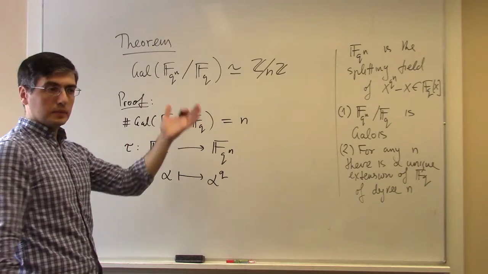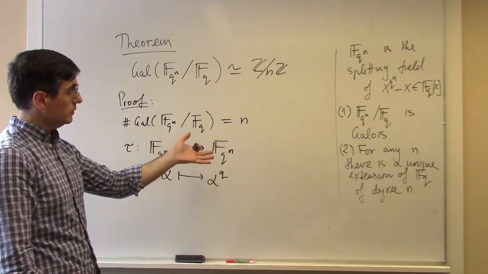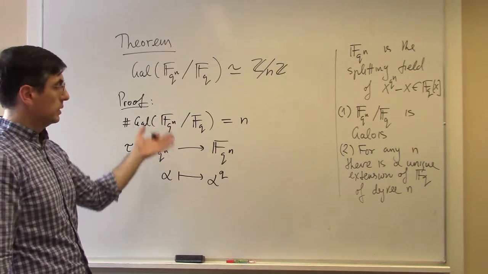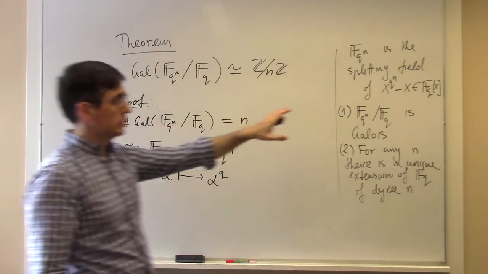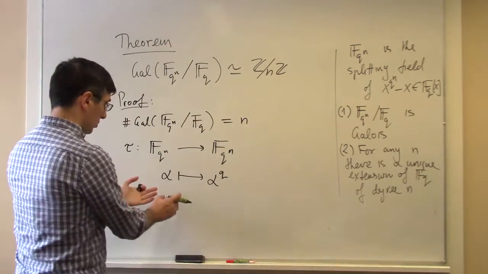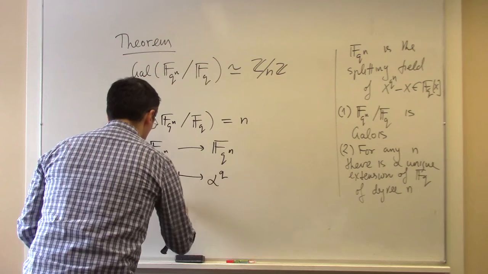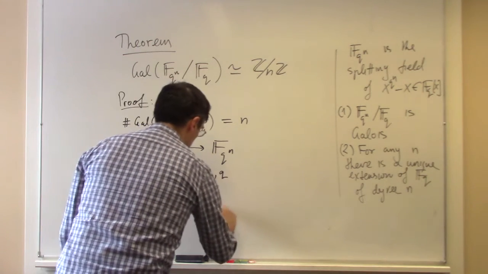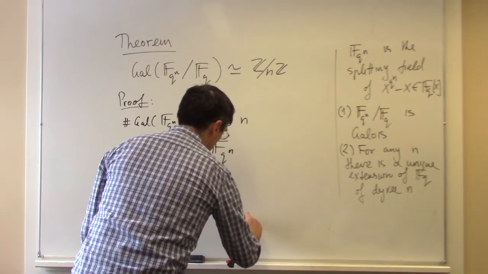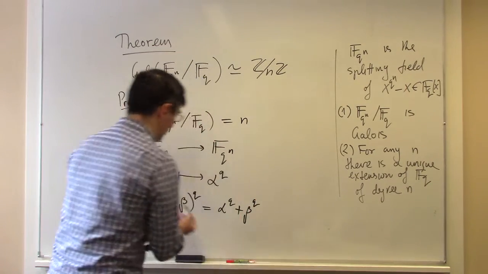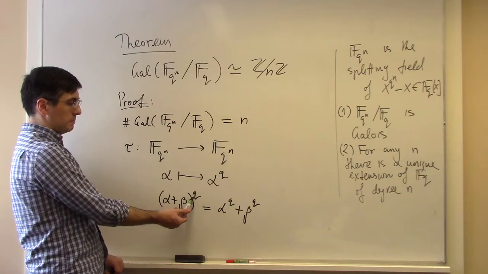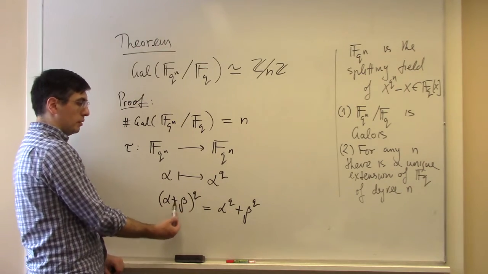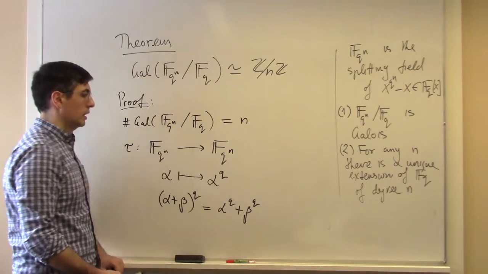Again, by the same reasoning that I applied to the splitting field of this polynomial, well, what's the reasoning? It's not a reasoning, it's a formula really. So this is alpha q plus beta q.